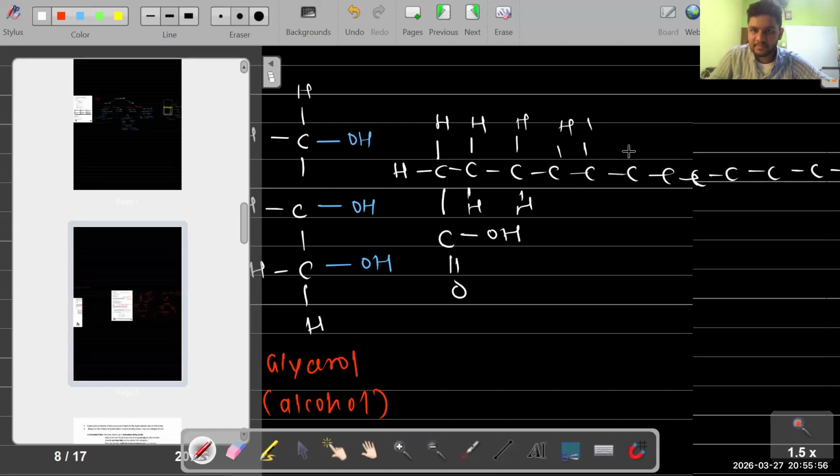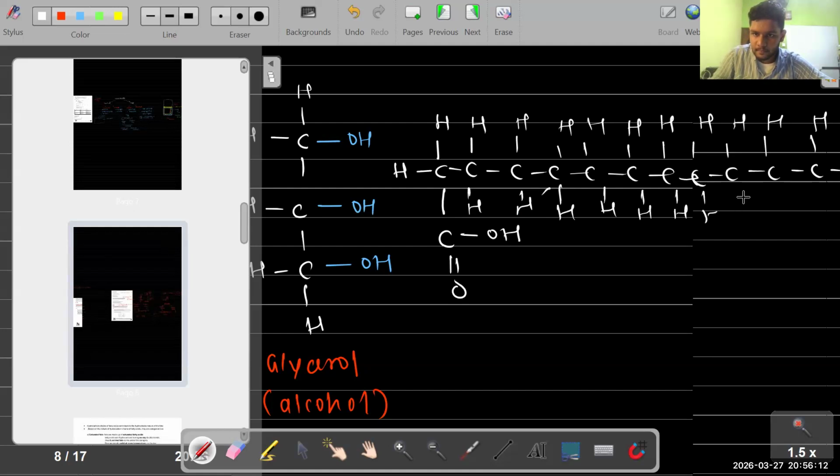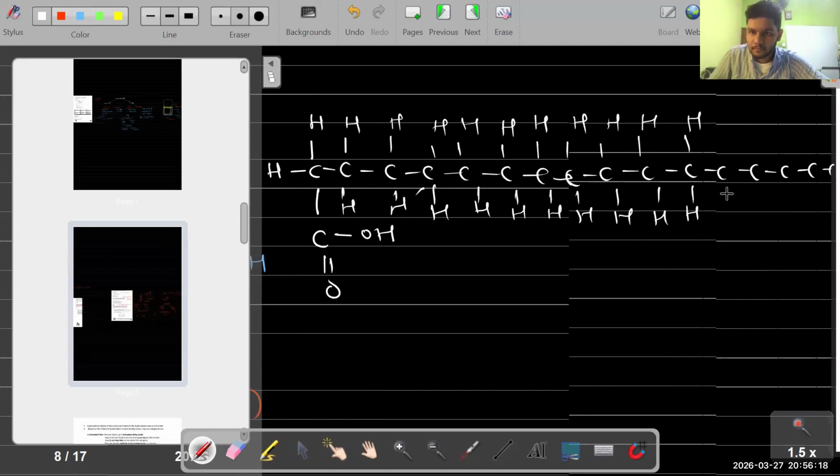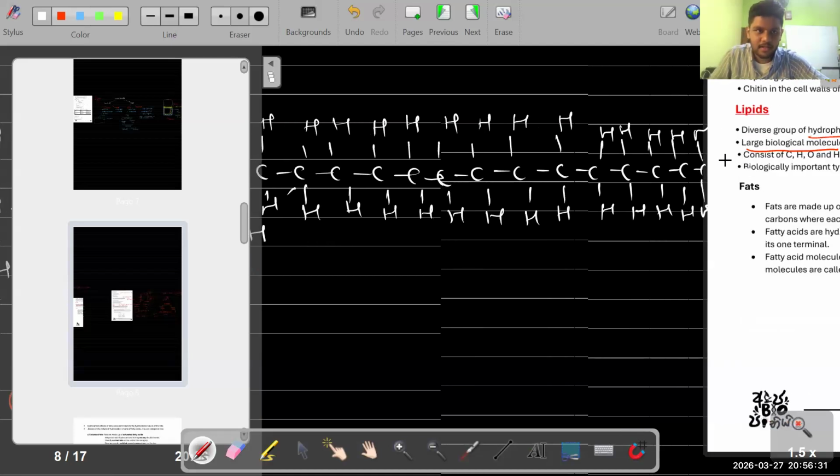The problem is the time, right? Here one. Now here, as the paper is white, I'll give this hydrogen a red.